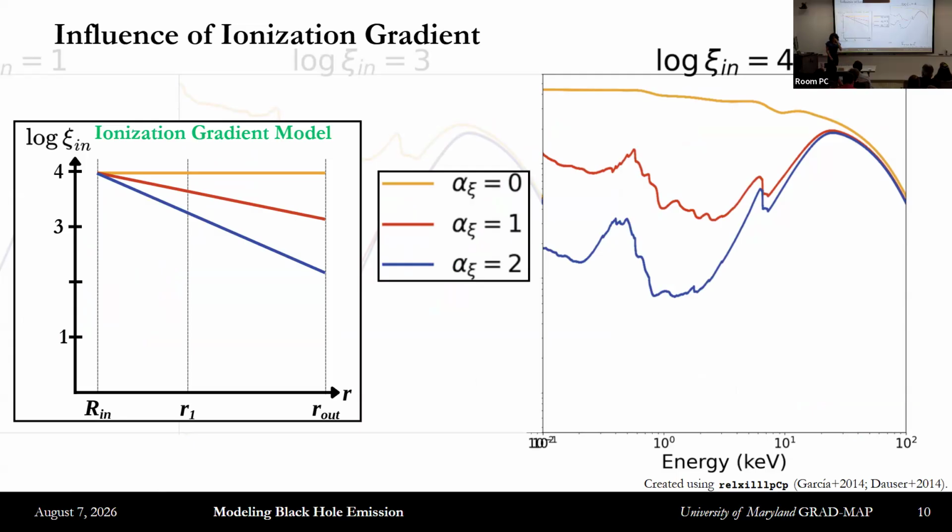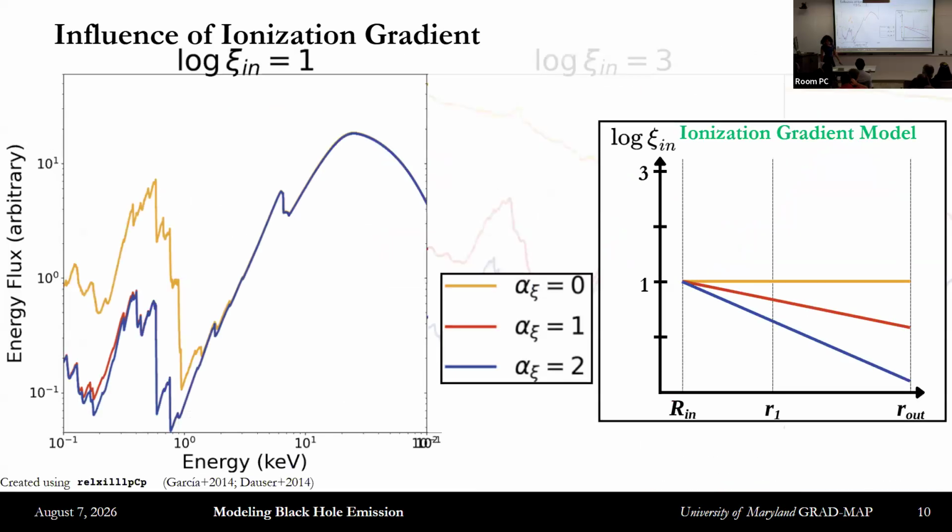displays sharper spectral features. Higher alphas mean ionization decreases faster as you move outward from the black hole, allowing for more absorption and emission lines, emission of photons, which produces these sharper features here.